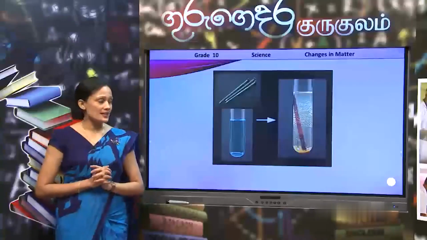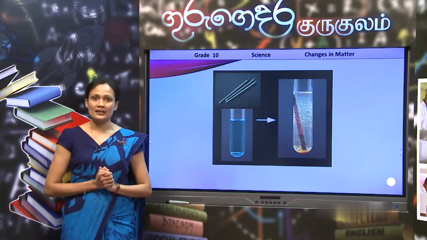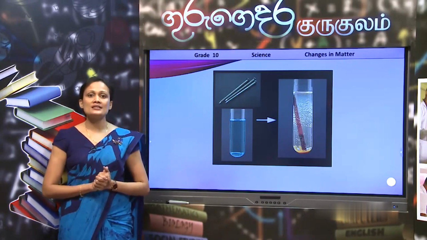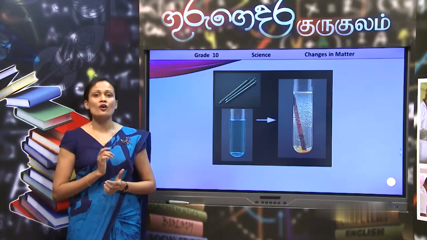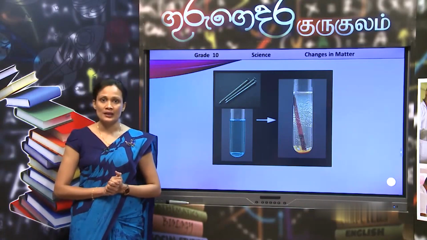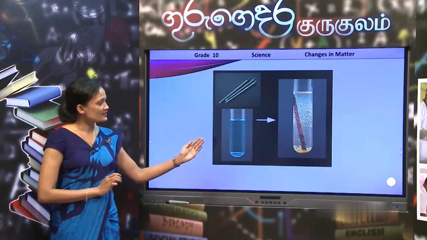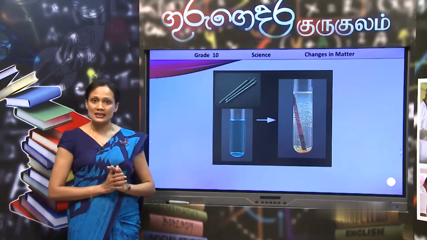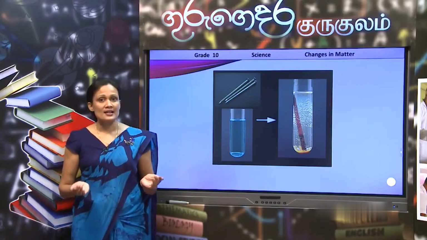When we add iron into copper sulfate, iron reacts with copper sulfate and reduces the color of the copper sulfate. Here the iron replaces the copper present in the copper sulfate solution. That means a metal can displace another metal from its salt.